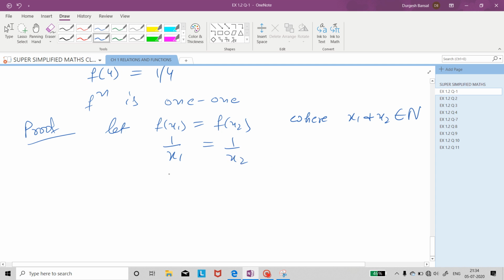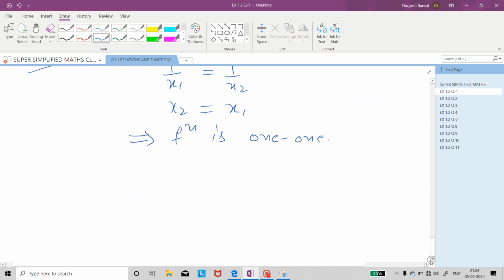Cross multiplying, we get x2 is equal to x1. So we have proved that the function is 1-1. I don't think there was any problem in proving. Most of the time only this much is to be done for proving a function to be 1-1: assume f(x1) is equal to f(x2) and prove x2 is equal to x1.